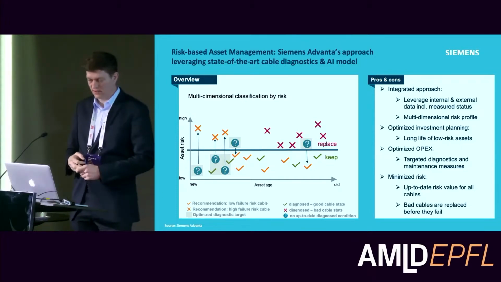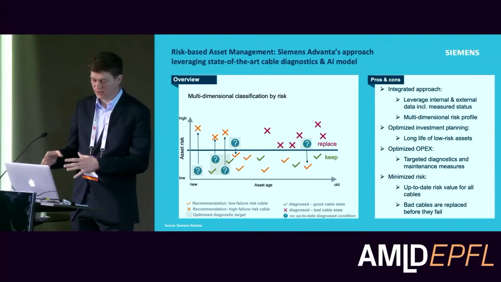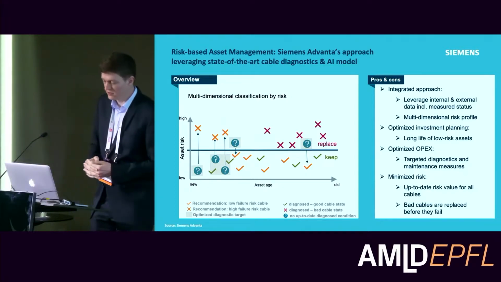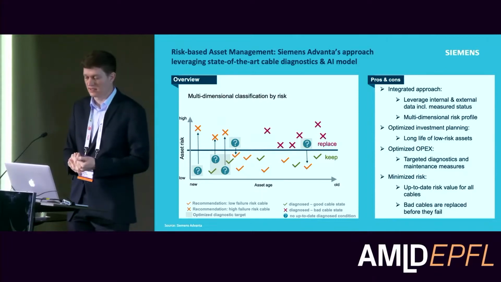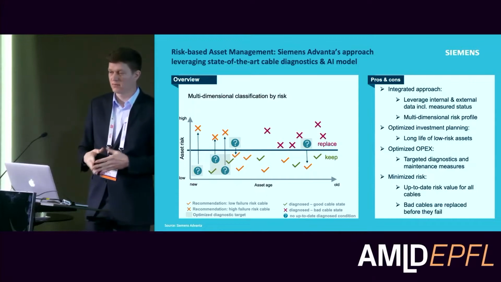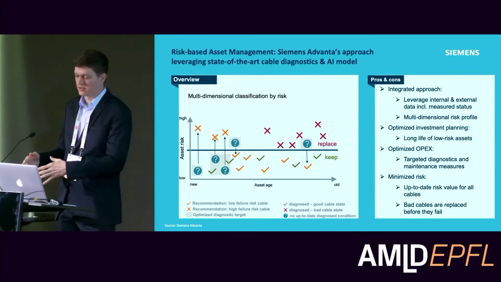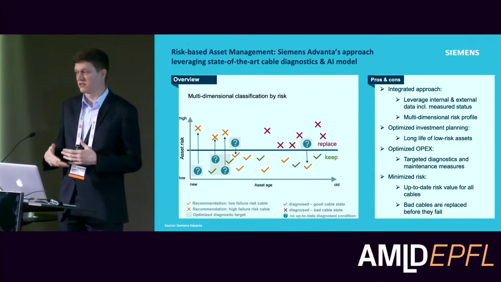We can keep the low risk assets long in the grid, and for the diagnostics and maintenance activities, we can focus them where the cables are in a bad condition, or focus diagnostics where the model does not have such good performance.